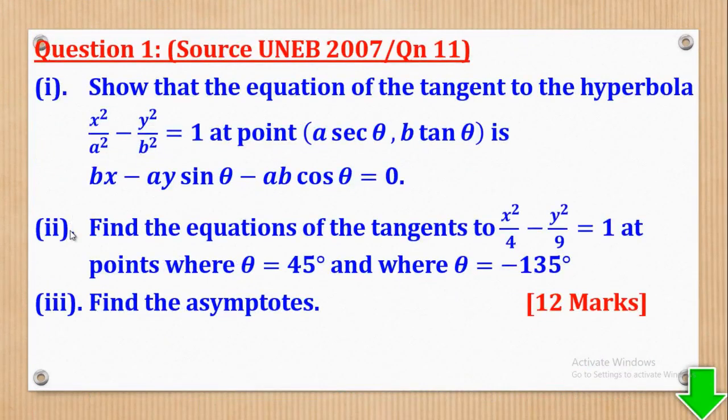So now we shall go to Roman 2. Roman 2 says, find the equations of the tangent to this hyperbola at points where theta is 45 degrees and where theta is equal to negative 135 degrees.